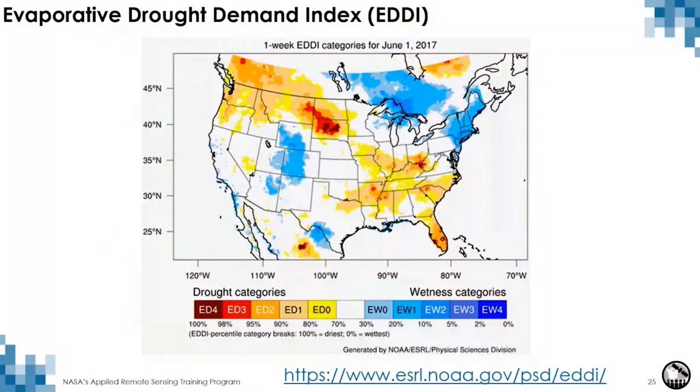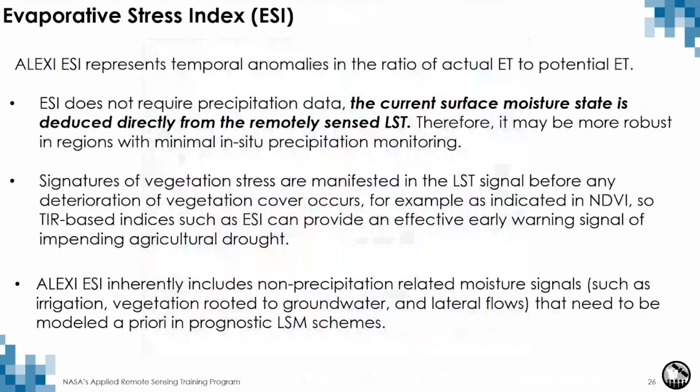And this is just an example. On the website, they run EDDI in a near operational, near real-time manner to track changes in this evaporative demand index for drought.